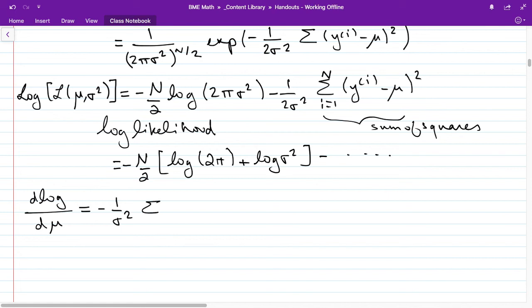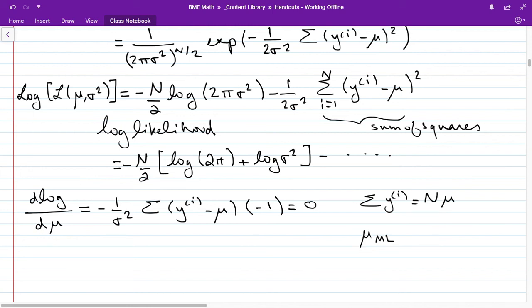Then I get a sum of (yi minus mu) times the derivative of what's inside, which is minus 1. I set that equal to 0 and solve for my unknown, which is mu. The sum of yi is n times mu, and so mu maximum likelihood is 1 over n times the sum of yi. This is what we call the mean.